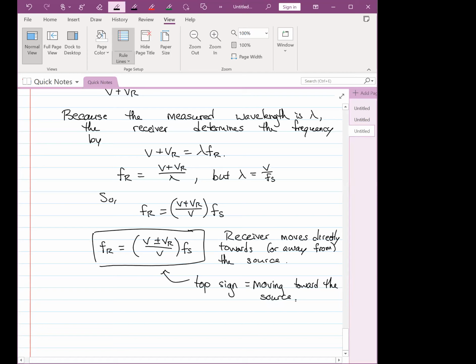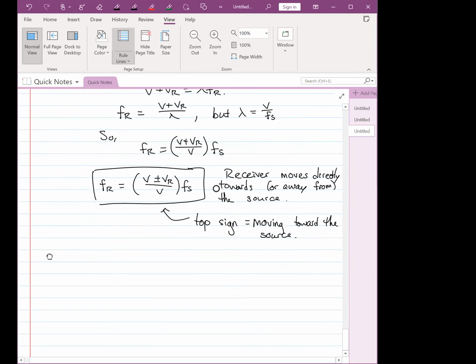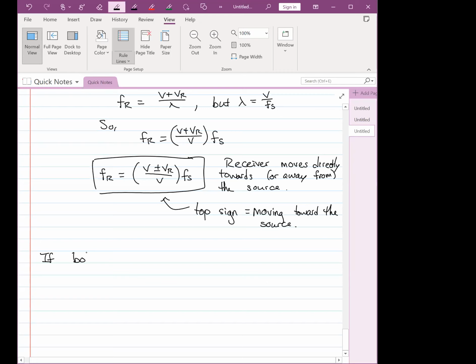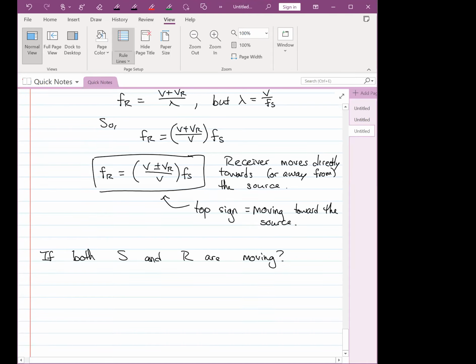And so we can actually just combine them when both S and R are moving. Well, the end result is the combination of these two.